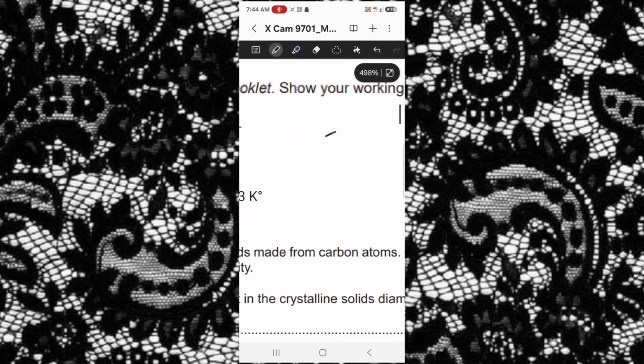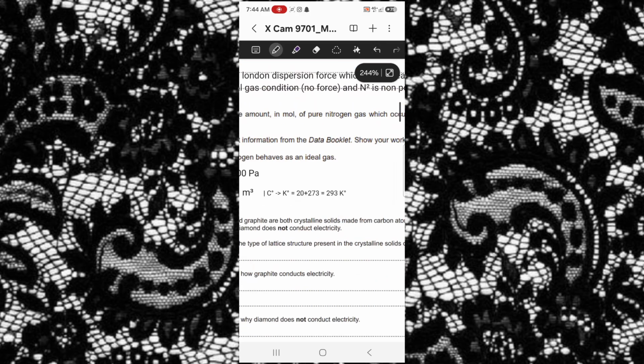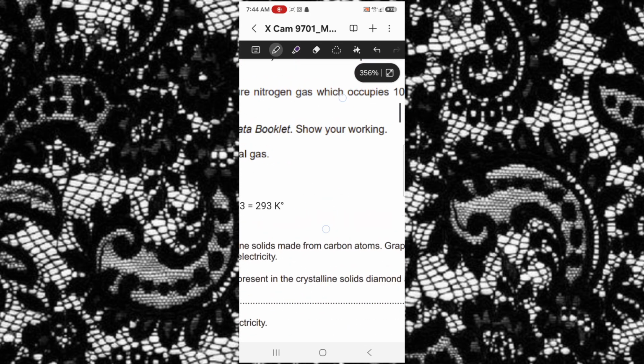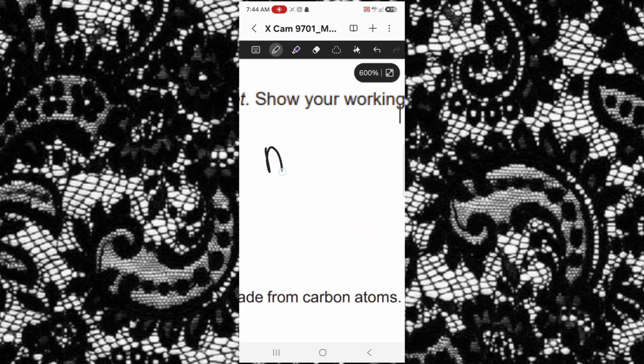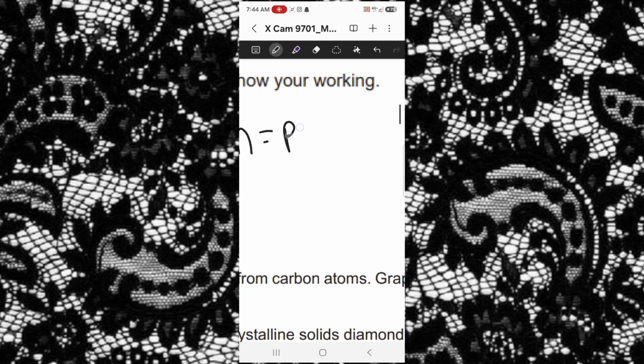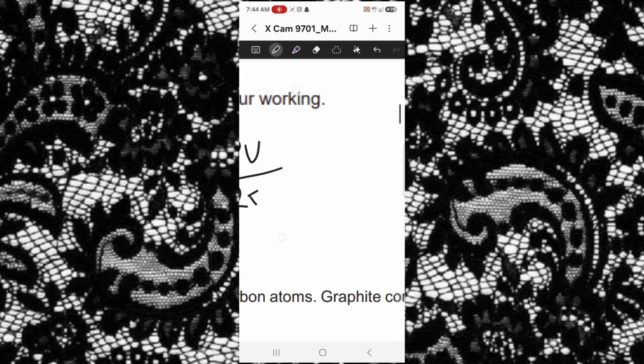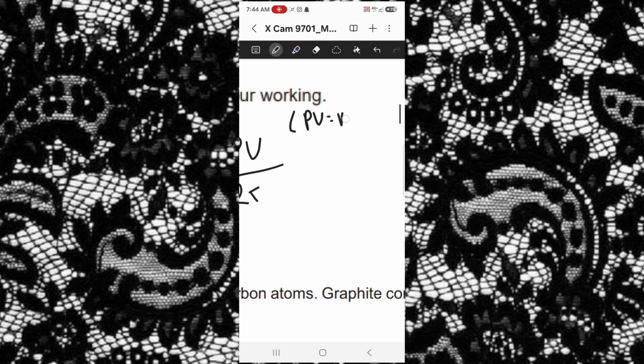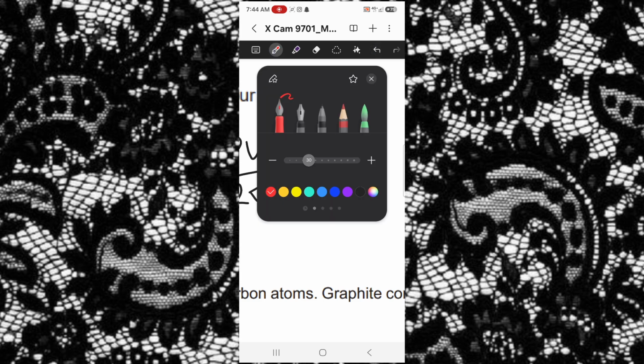So in here it's asking for mole. So mole is n equals PV over RT. Why do we use this? Look, PV and RT. This is mole. This is mole. So that's why.